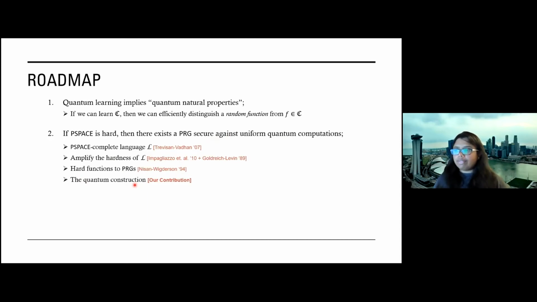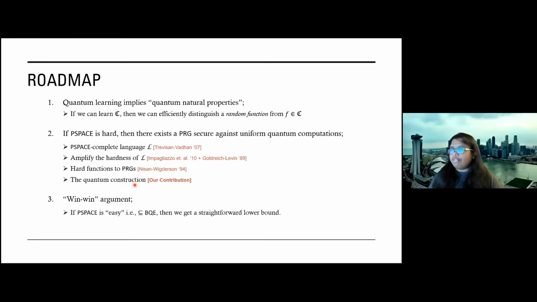So once we have this PRG, the last step to put everything together is, unlike most things, a win-win argument. If we assume that PSPACE is easy, then I get a straightforward lower bound, which is implied from previous works in the classical realm. However, if PSPACE is not in BQE, then essentially it's hard, so there exists a secure PRG by our assumption.